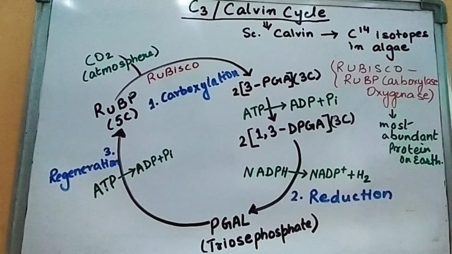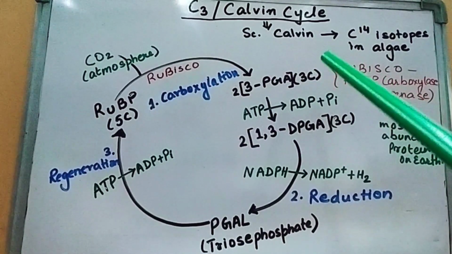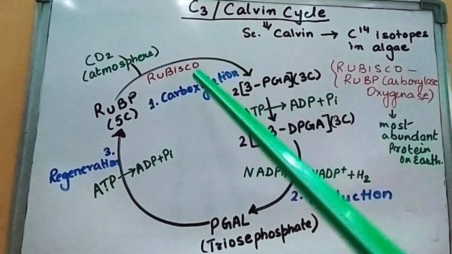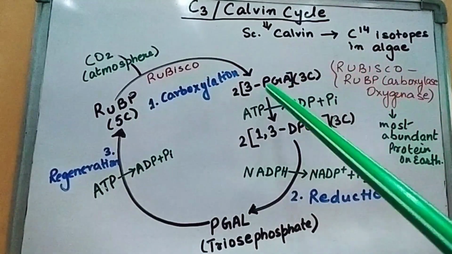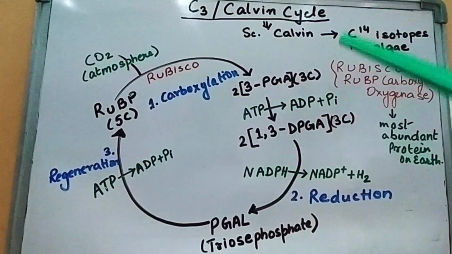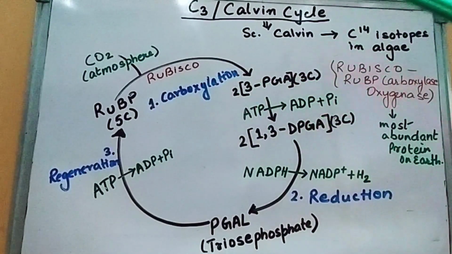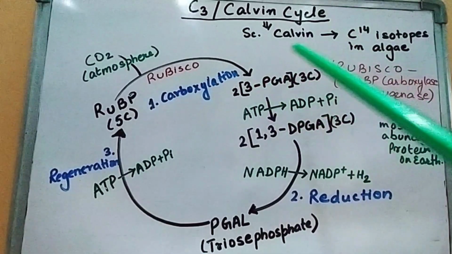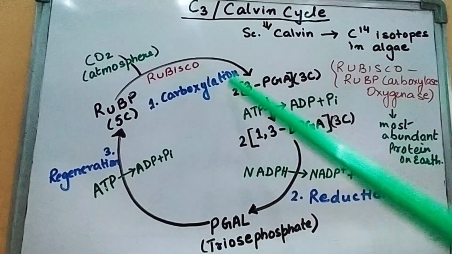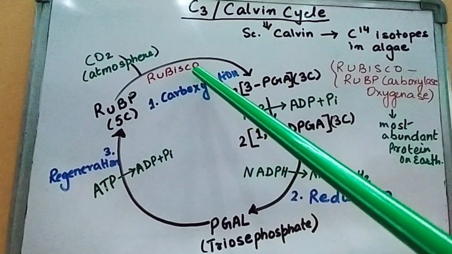So where does the other 3 carbon go? The question arises here. So 2 molecules of PGA are produced in the process of carboxylation. Hence the 6-carbon compound is split into 2 molecules of PGA. In this way the first process takes place, called carboxylation or fixation of carbon dioxide with the help of the enzyme Rubisco.